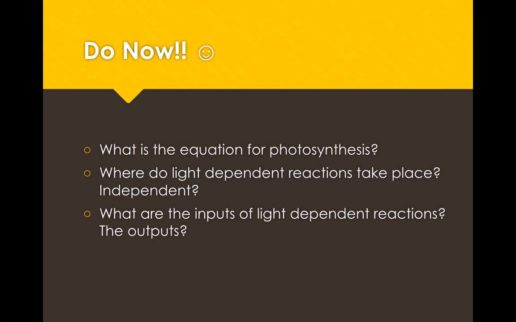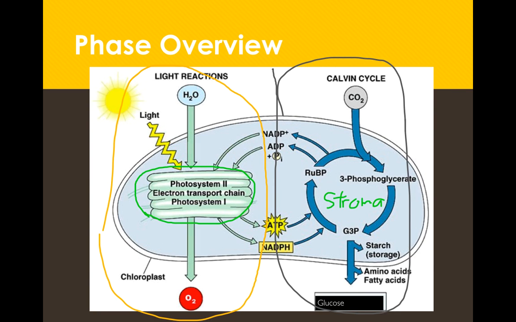The third bullet here, what are the inputs of the light dependent reaction? What are the outputs? If we look at what the inputs are, the things that go into the reaction or equation, and the outputs are the things that go out of the equation or reaction.